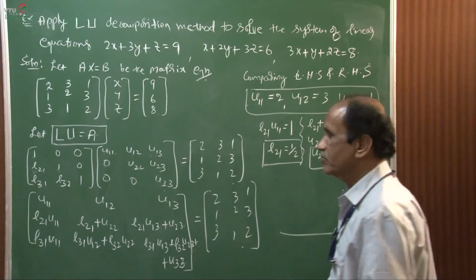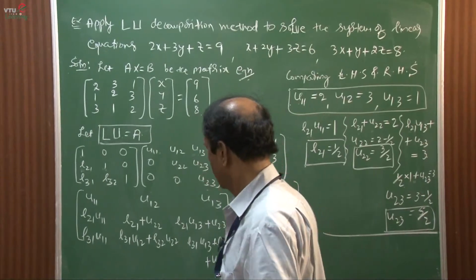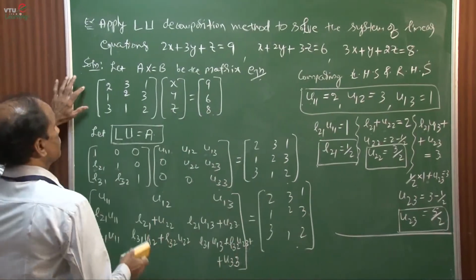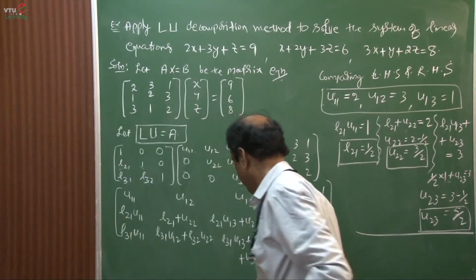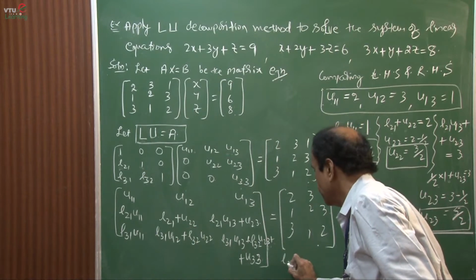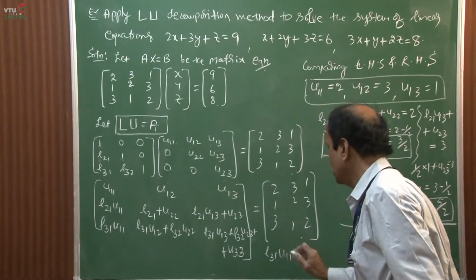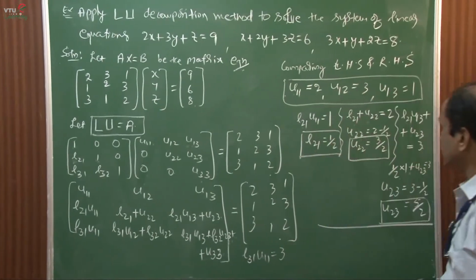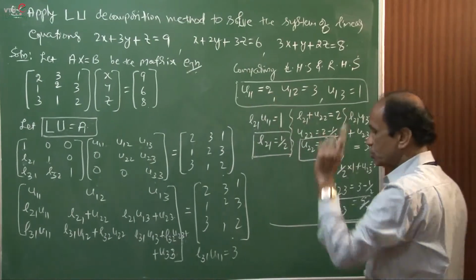Now the third set of calculation. You can take the comparison here itself: L31 into U11 is equal to 3. So L31 is to be obtained, but U11 is already known, U11 is 2.